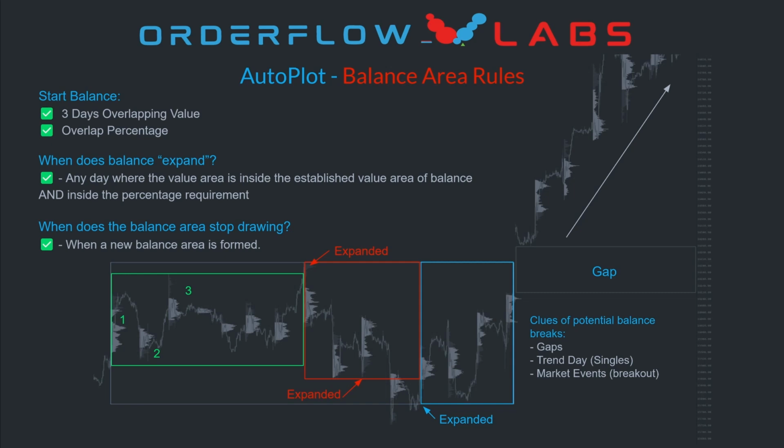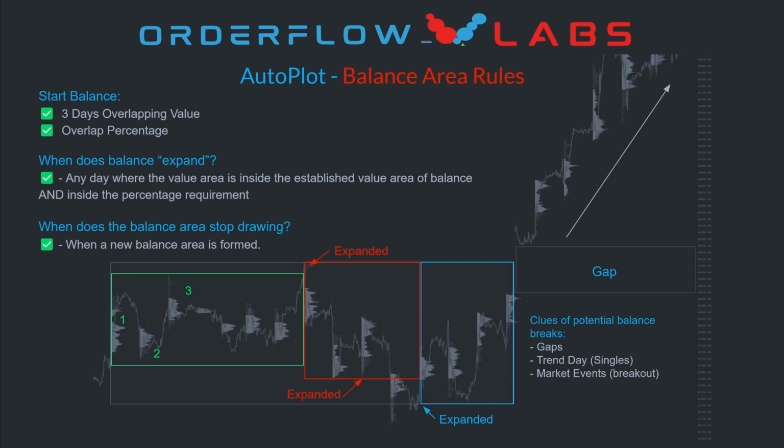In addition to that, we have also introduced an overlap percentage, and that overlap percentage is just enough to where, if day 3 is just like 2 ticks within that day 1 value, it's going to get ignored. That's just to eliminate some of those days.